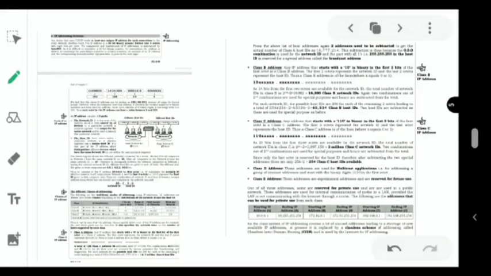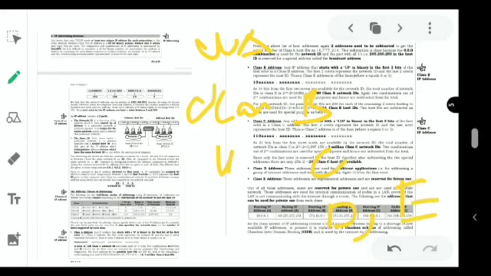Depending upon this, we differentiate the IP addresses into class A, class B, class C, and class D and E are also there.